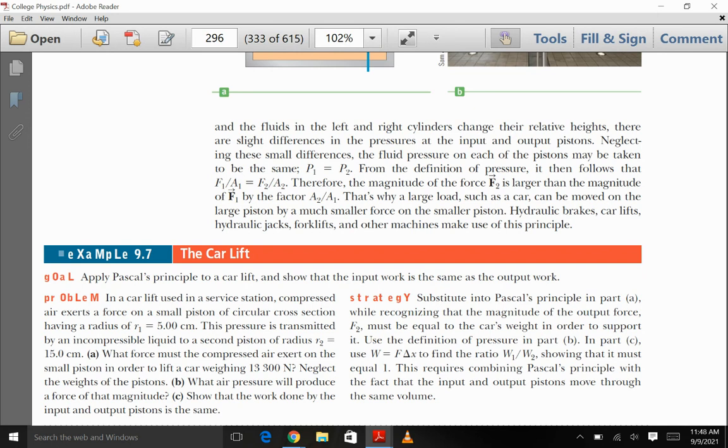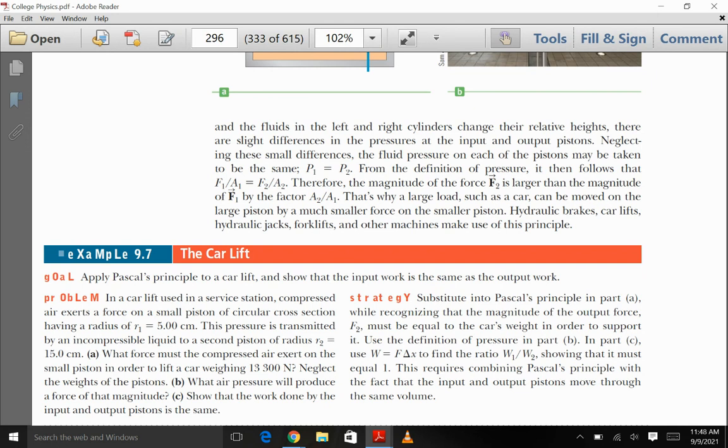What force must the compressed air exert on the small piston in order to lift a car weighing 13,300 newtons? Neglect the weight of the pistons. Then B, what air pressure will produce a force of that magnitude? And then show that the work done by the input and output pistons is the same.